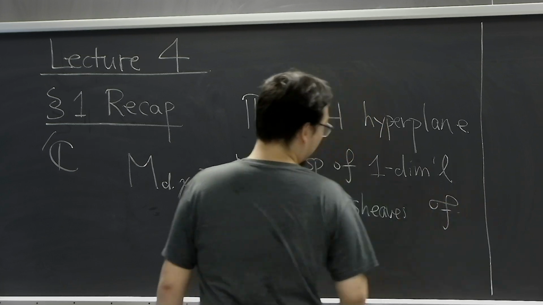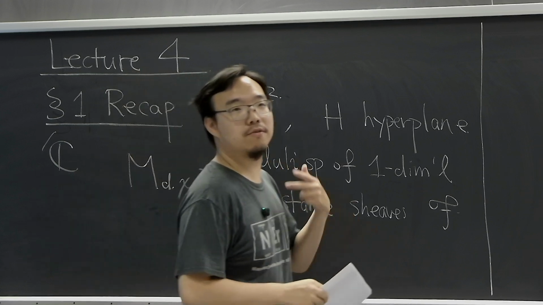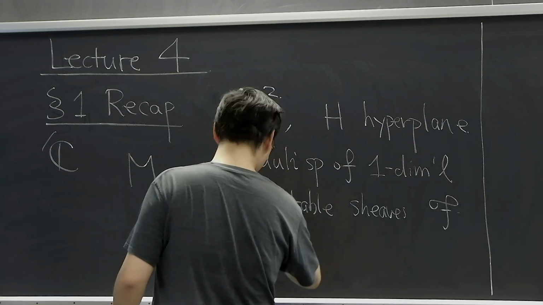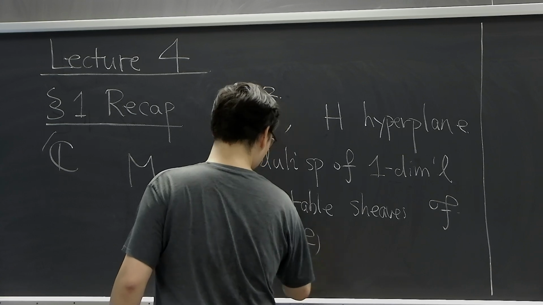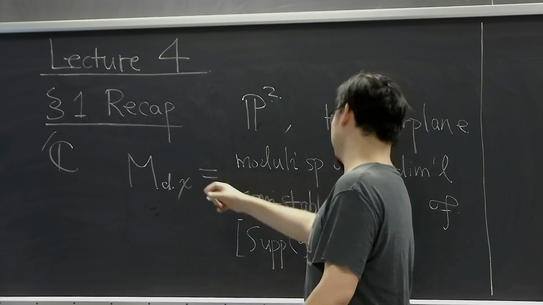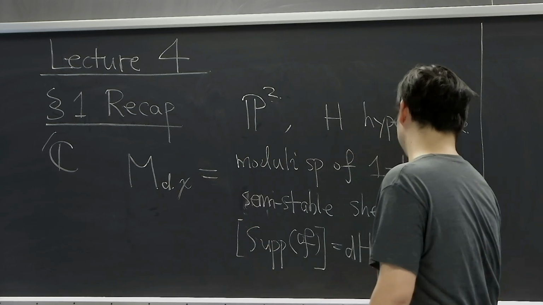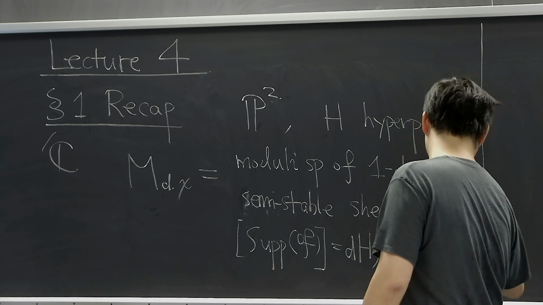F. Because we consider one-dimensional sheaves, there are only two terms of the Hilbert polynomial. One is the supporting cycle, the Fitting support, which basically remembers where the sheaf is supported, which is of degree d. And the last term of the Hilbert polynomial is the Euler characteristic of this sheaf, which I denote by chi.